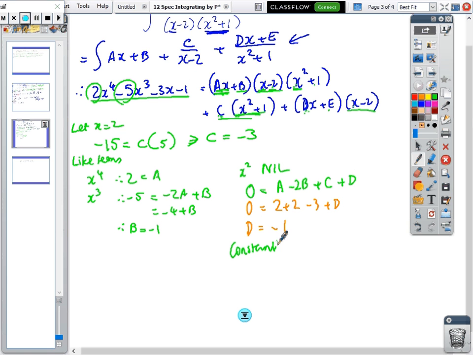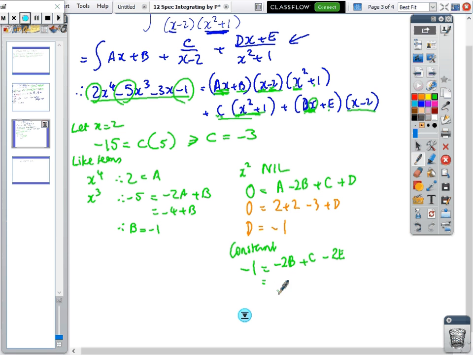And the constant is minus 1. So minus 1 equals. So how do we get a constant? Well, we can't get a constant from the a term because we've got an x there. So b times minus 2 times 1 is minus 2b. The c times 1 is a constant. D can't give us a constant because it's got an x, but e times minus 2 will give us a constant.